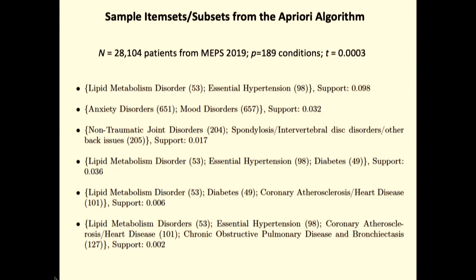You have something over here, a combination of size 4, and the support there is 0.002. But that's still higher than the 10 that we need. This is just a sampling of the subsets. If you look at the full list of subsets, you'll get hundreds of them. So essentially, the a priori algorithm creates a database of all these item sets that can then be used by clinicians, because if they're searching for a certain item set, then they can look into it.